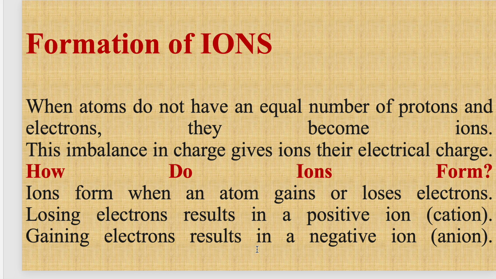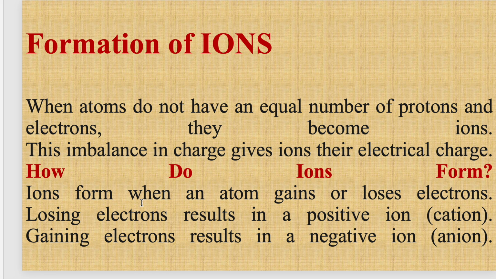In this lecture, as we are going to study about ions, how are ions formed? Keep in mind that ions are also atoms. And when atoms do not have an equal number of protons and electrons, they become ions. This imbalance in charge gives ions their electrical charge. Ions form when an atom gains or loses electrons.